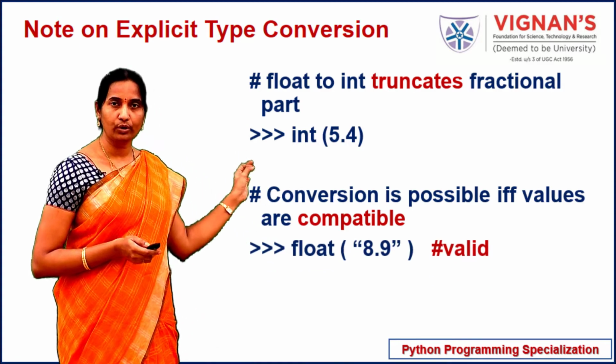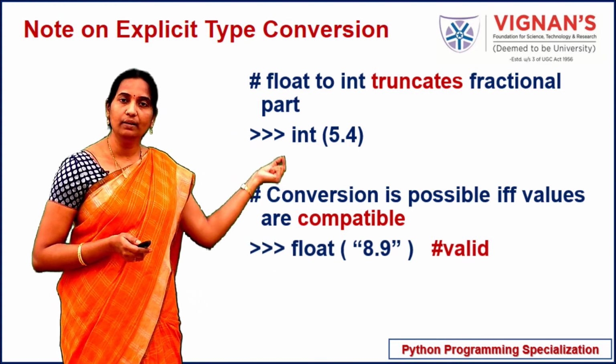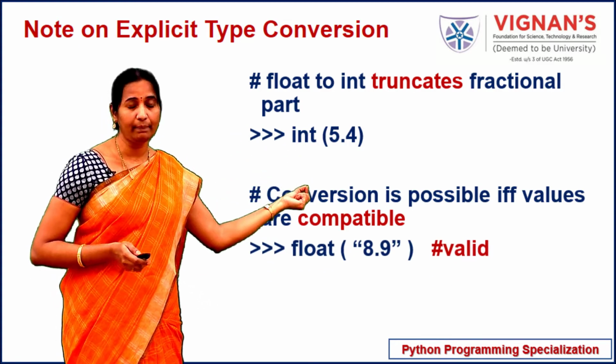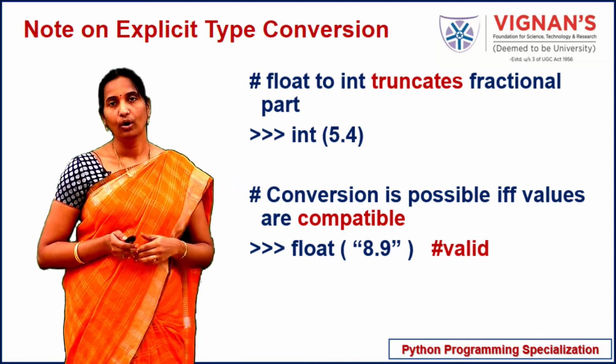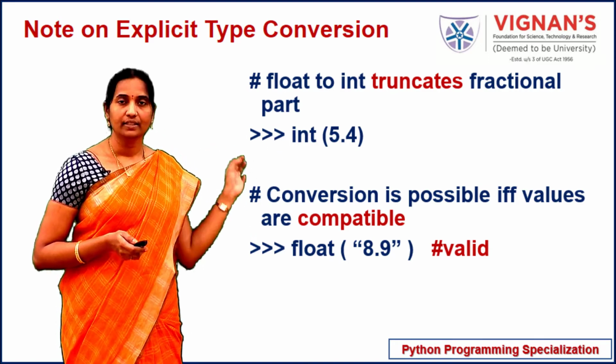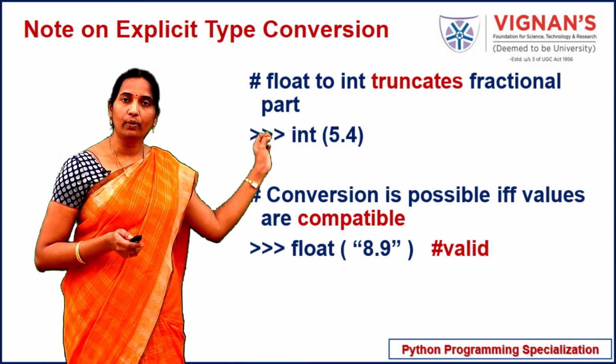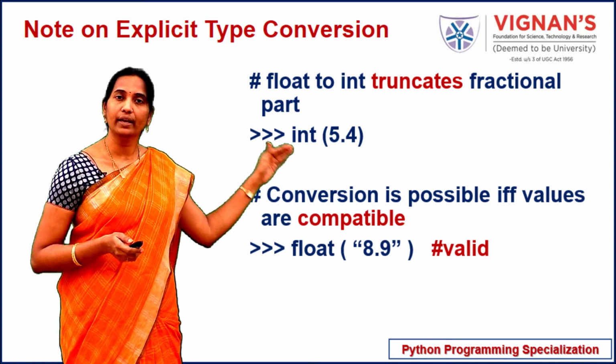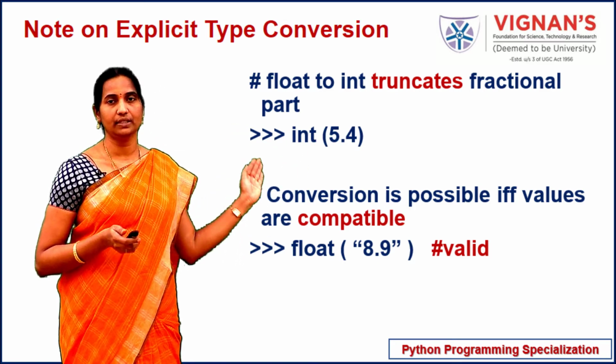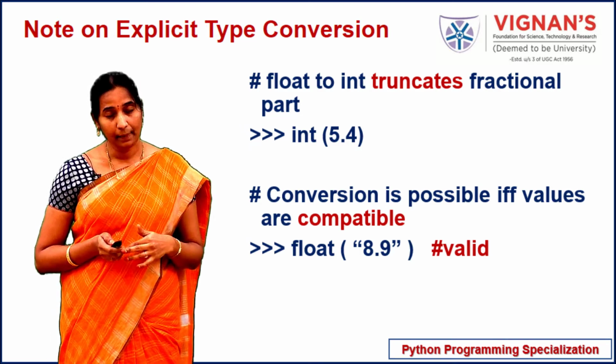For example, float of "8.9". Here 8.9 is actually a string type and you are trying to convert that to float type, and it is valid. The reason is the value you are providing inside the string is actually a floating point number and can be converted to float. That's how it is compatible.